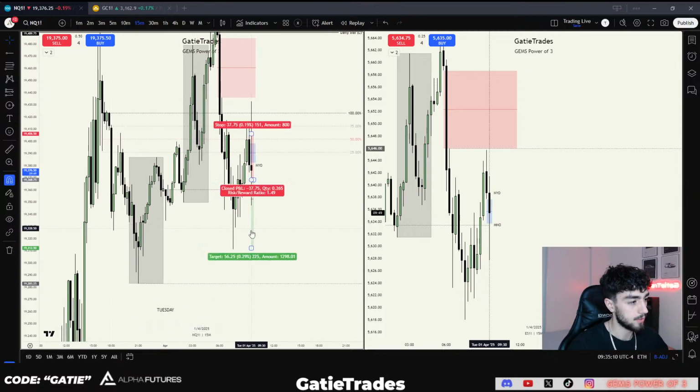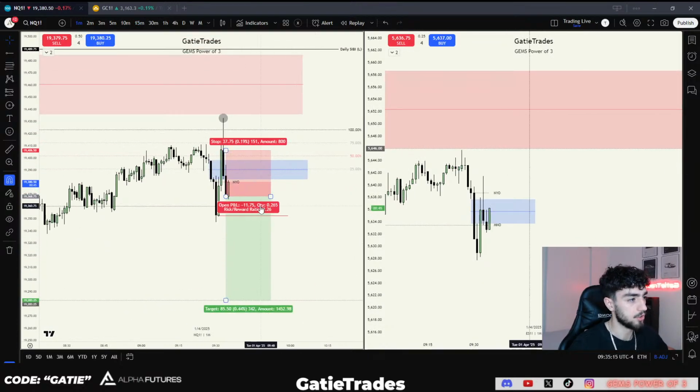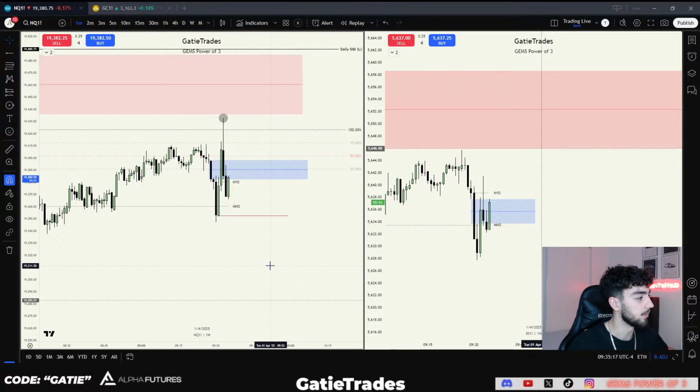And if you want age of lows, I'm not in this trade, by the way. I'm just tape reading because it's still a little unorganized, and we could always wait for the CISD, which would be the close below this red line. That's an immediate rebalance. 32.